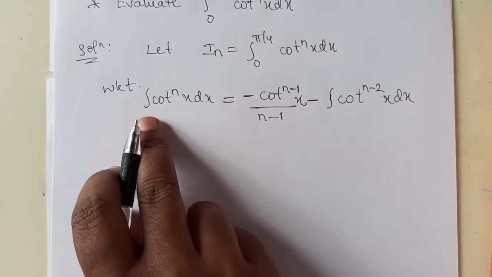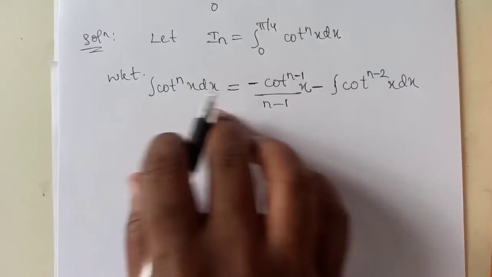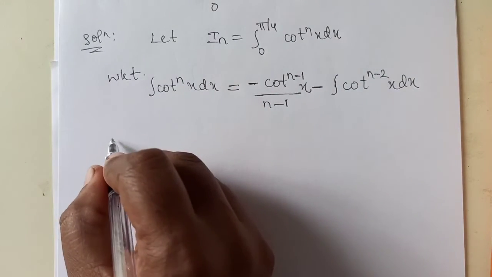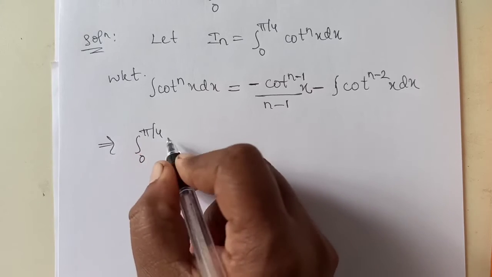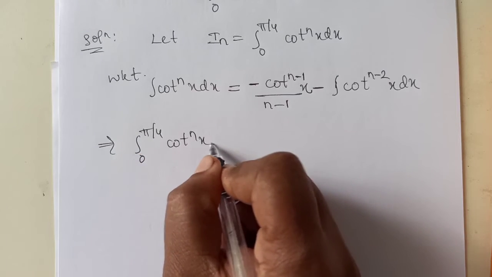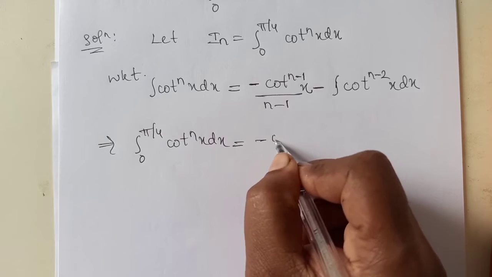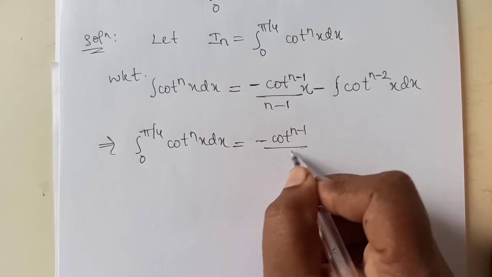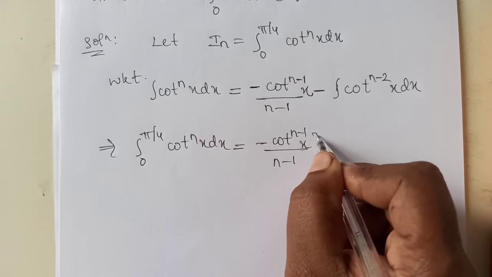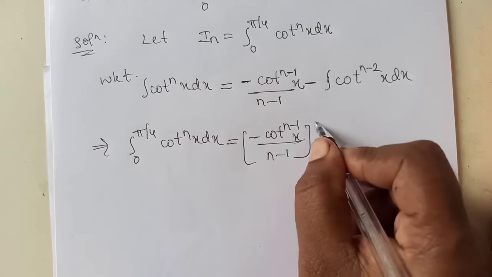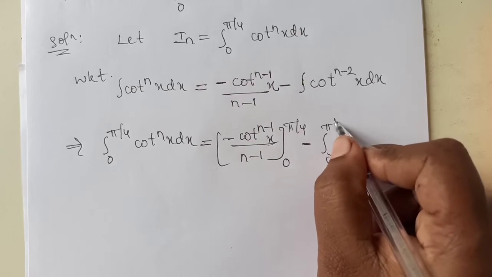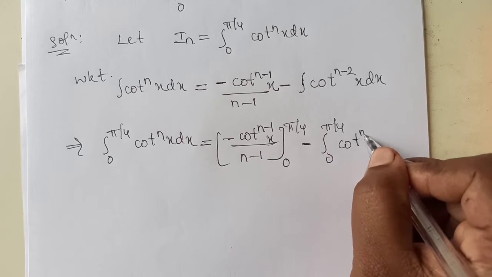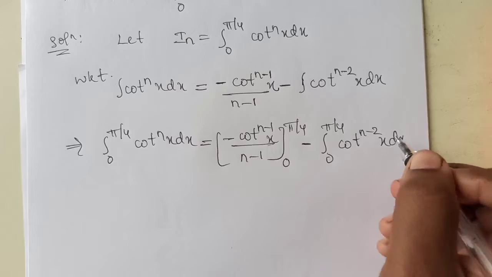Okay, so if I apply the limits 0 to pi by 4 on both sides, we get integral 0 to pi by 4 of cot^n x dx equals minus cot^(n-1) x divided by n minus 1, with limits 0 to pi by 4, minus integral 0 to pi by 4 of cot^(n-2) x dx.